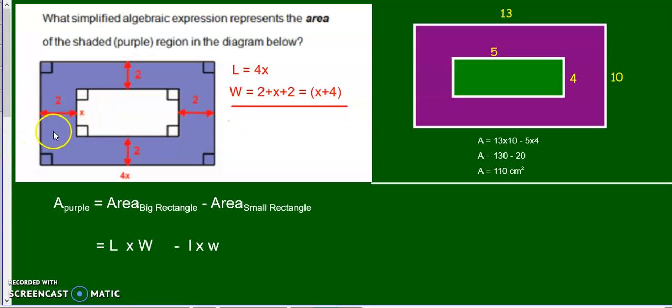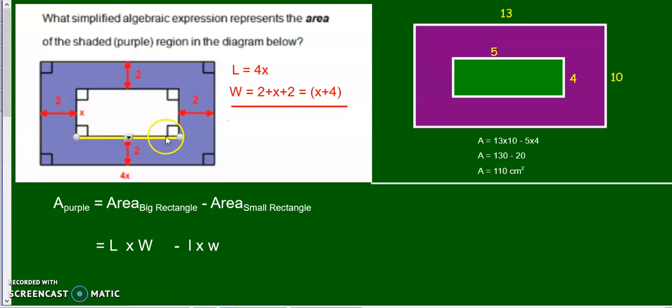Well, what is the length of the small one? We know that from here to here, all of this is 4x, but we have to take away 2. If I take away 2, now it almost looks like what I want, but I have to take this 2 away also.